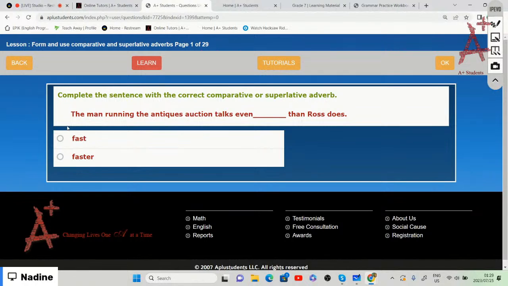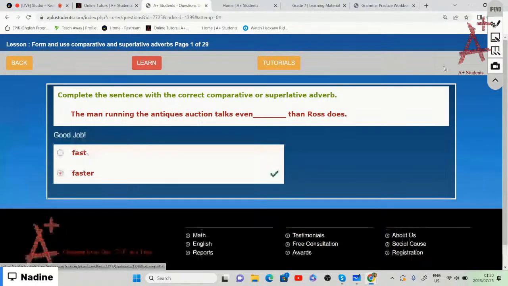The man is being compared to Ross. Fast or faster? All right, so the man running the antiques auction talks even faster than Ross does. And that is a comparative adverb.